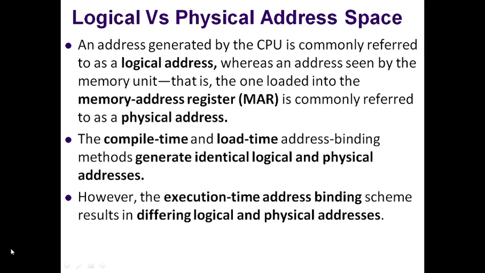If you say physical address, that means it is the actual address of the memory location. When you say logical address, it's a relative address which will be converted into a physical address by the memory management unit. So the answer is that it is actually the logical address, not the physical address.